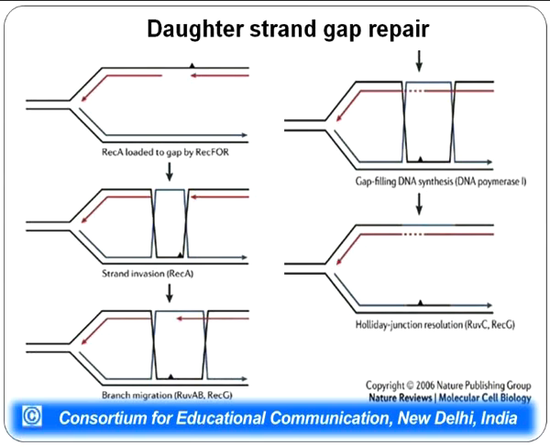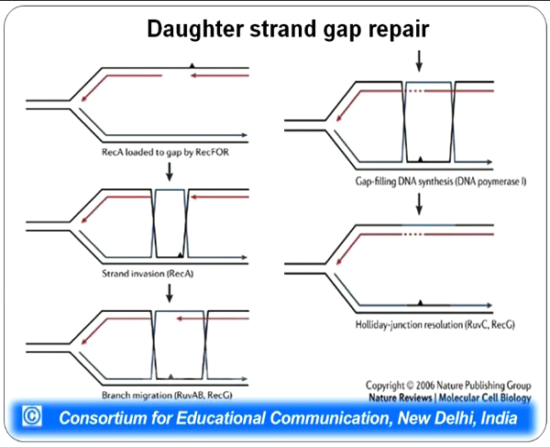After loading of RecA, there will be invasion of the parental strand of the homologous chromosome, and this invasion will be followed by branch migration, which will be helped by RuvAB and RecG protein. After this branch migration, there will be gap filling DNA synthesis, and then the Holliday junctions will be resolved.